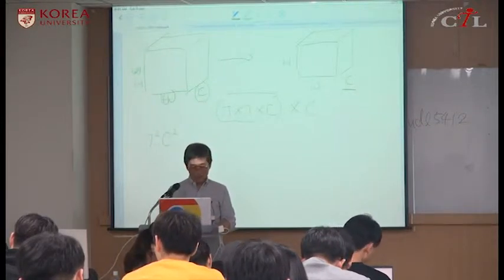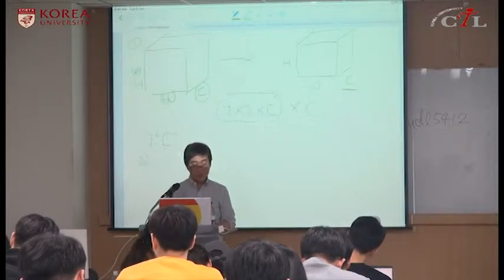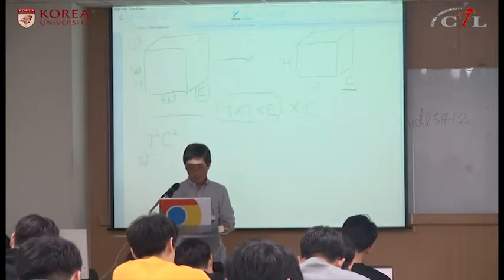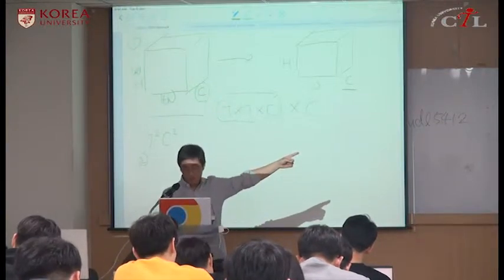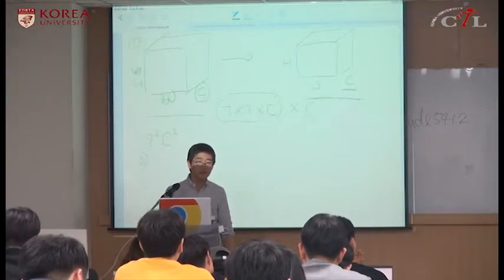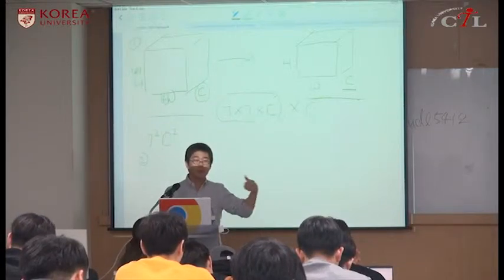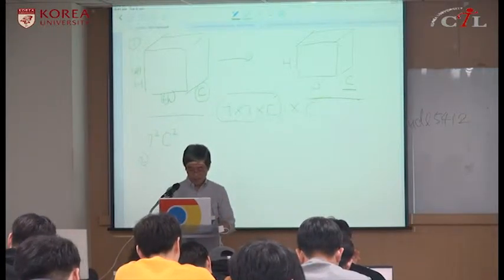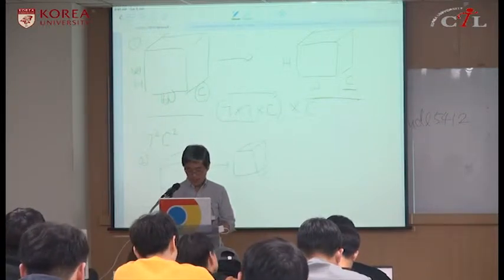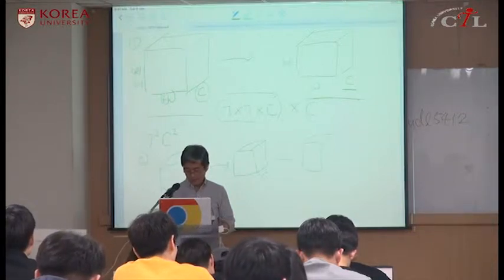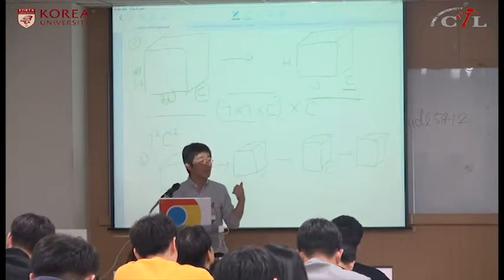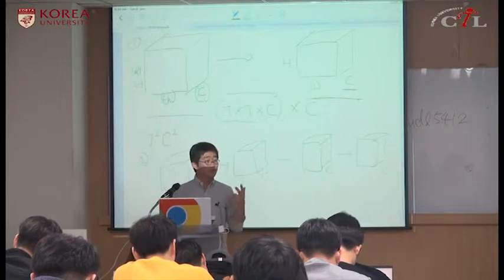Okay, this is the first situation, and the second situation is where we stack 3 layers. The input is this size, and the output has this size, and we have the freedom to change our channels in the intermediate layers, but let's just assume that this is C, and the next activation map also has C, and also C and C. So we consider this situation of stacking 3 layers of 3 by 3 convolution.